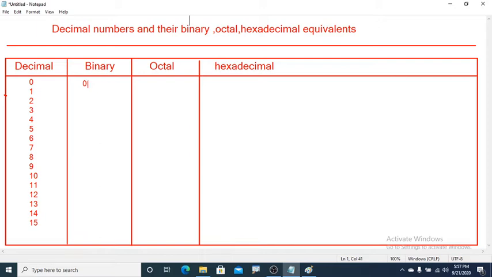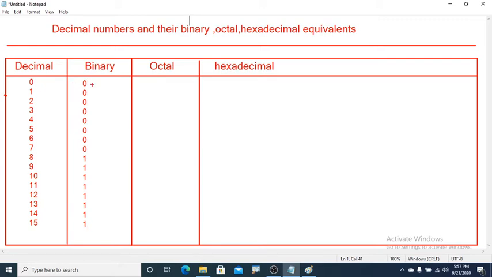So I will give you one technique. You can write here 8 zeros and 8 ones.